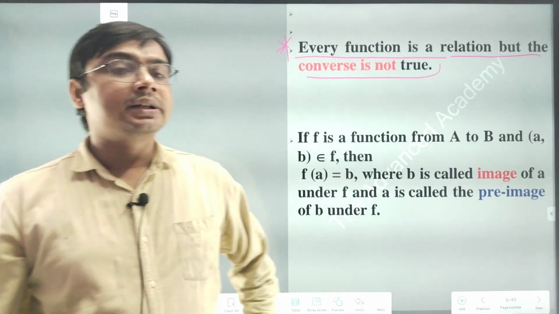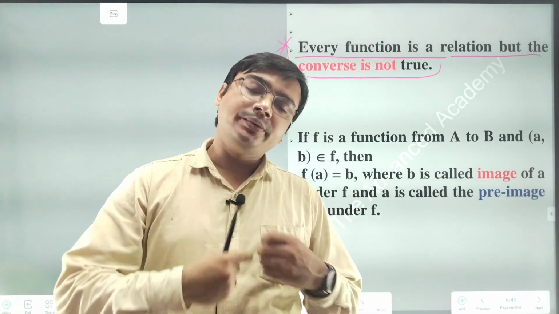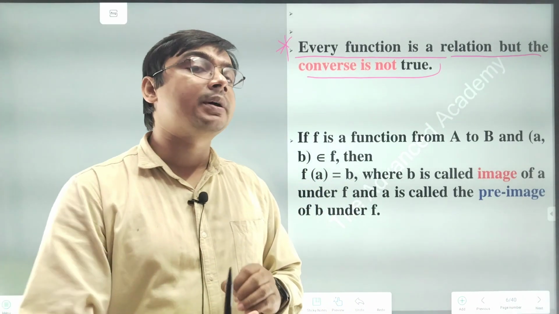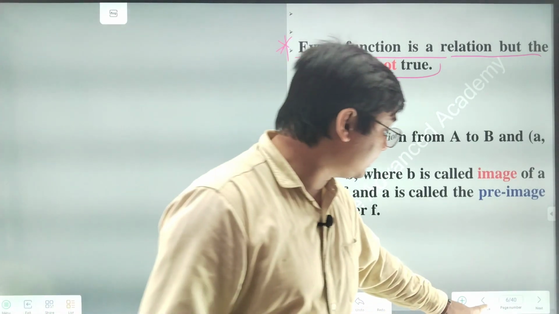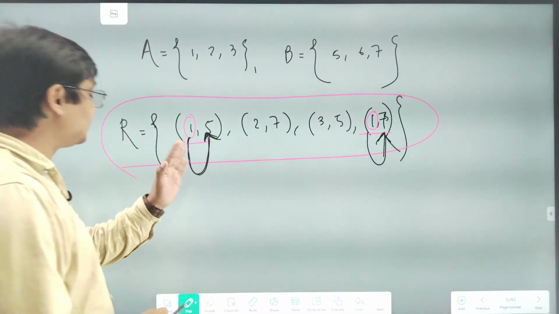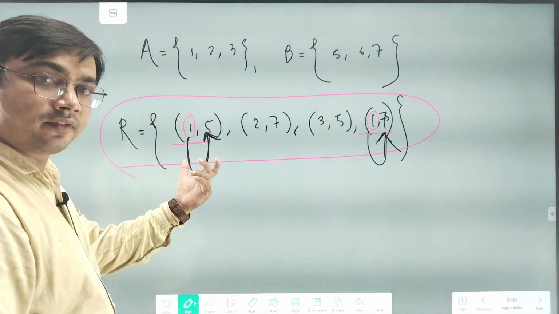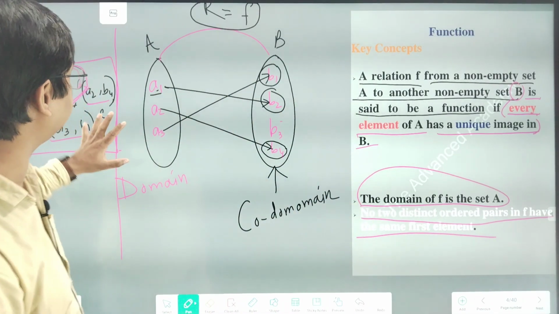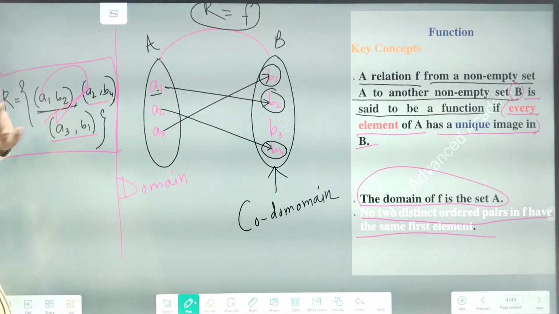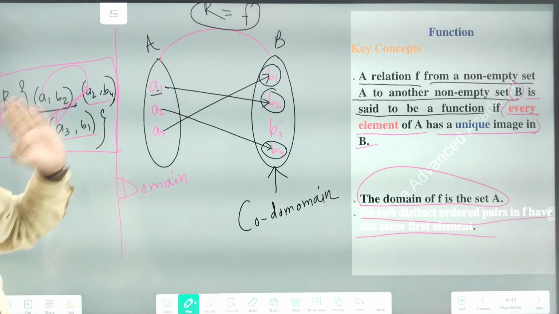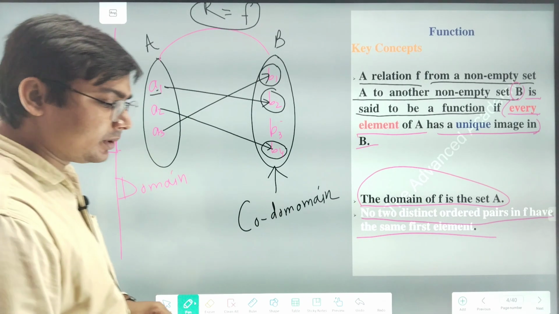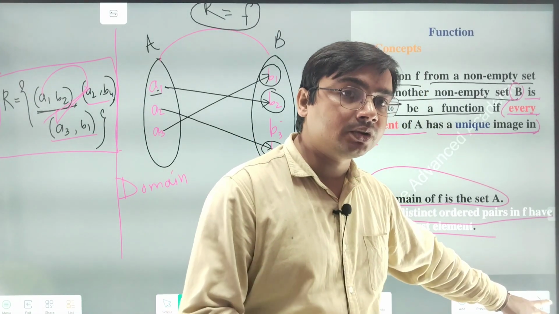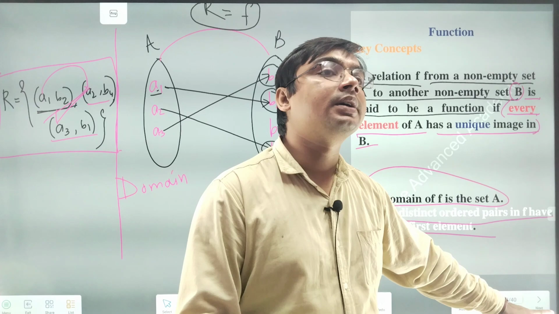Any function you take will always be a relation, but the converse is not true. Because for this example, this is a relation, this is not a function. But if we consider this other example, this is a function and also a relation.